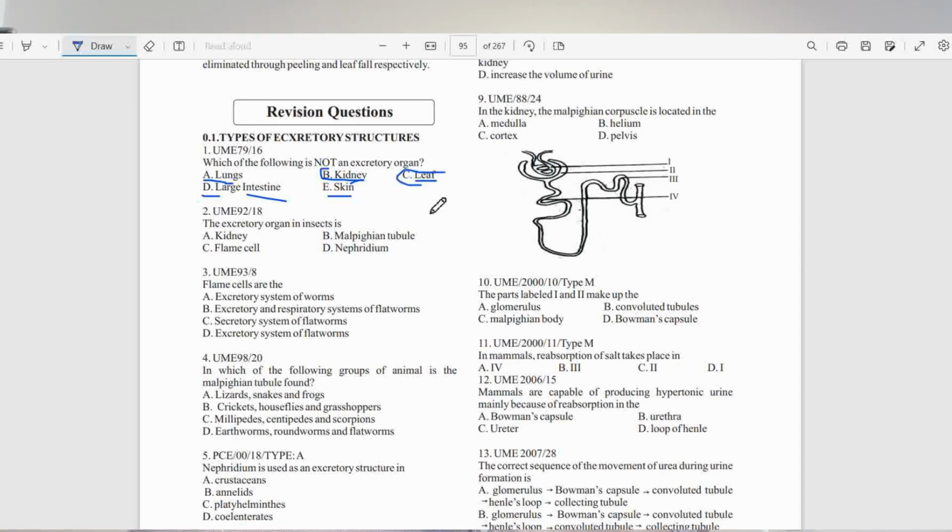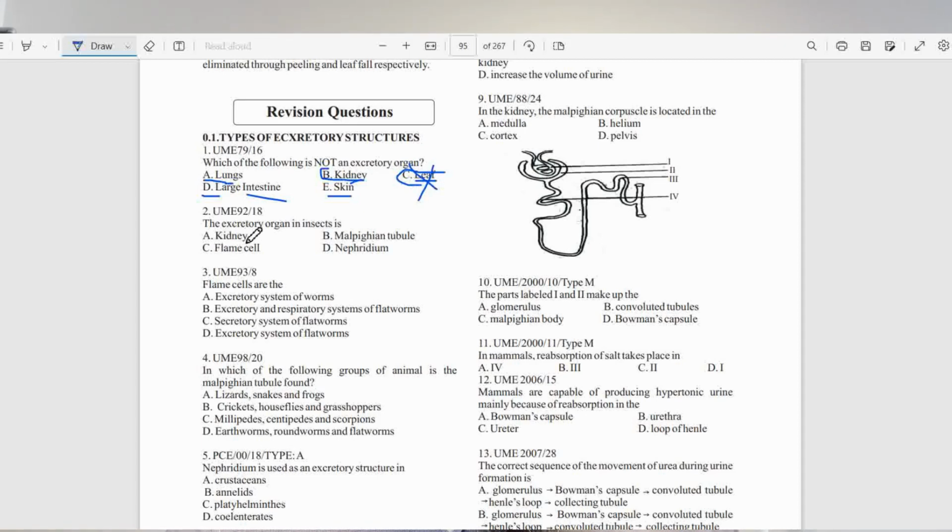That is not to say that carbon dioxide and water vapor do not escape through the skin, but that would be through the stomata and the lenticel, stomata in the leaves and lenticel on the stem. So if you critically look at those explanations I've given, the answer to the question will be liver, which would not be considered an excretory organ.